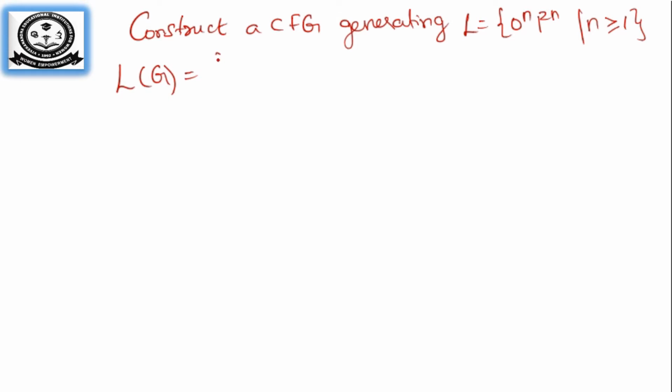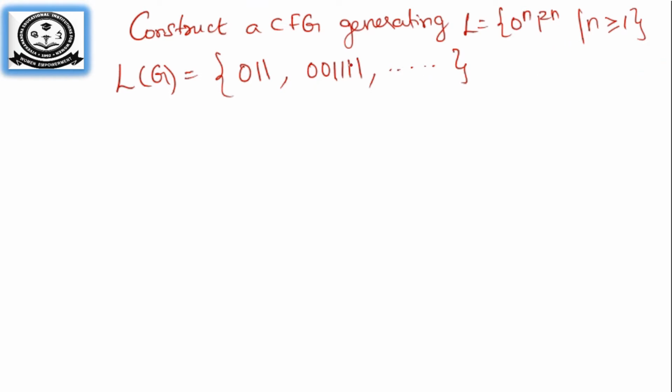The L of G is going to be, let us assume the n value is not 0, so you don't have epsilon over here, it should be greater than or equal to 1. So when you substitute 1, it is going to be 011. When it is 2, you will have 00 and 4 ones, and it goes on. So this is the language that is generated for the given formula.